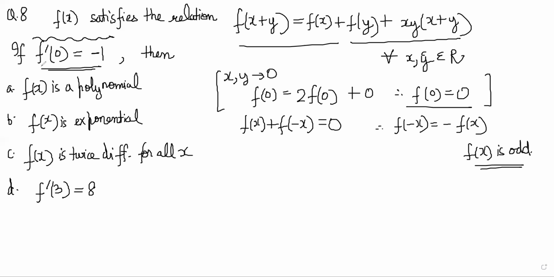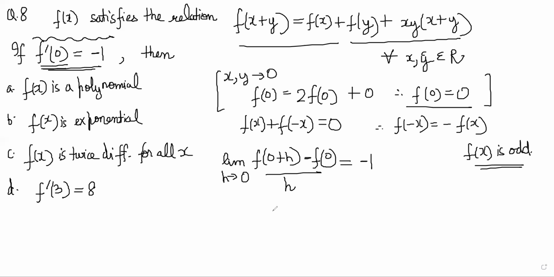So, what is the meaning of f dash 0? Can you write in terms of limits f dash 0? f of 0 plus h minus f of 0 by h, right? So that is equal to -1, given.